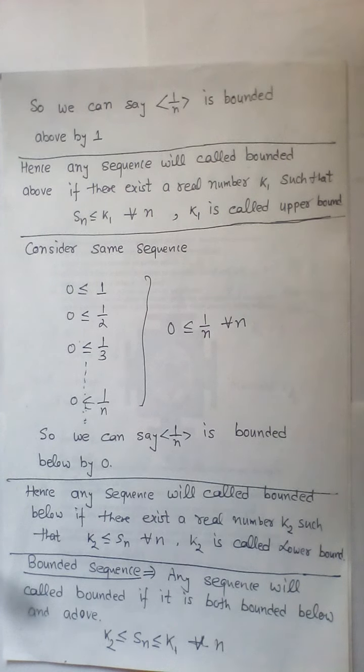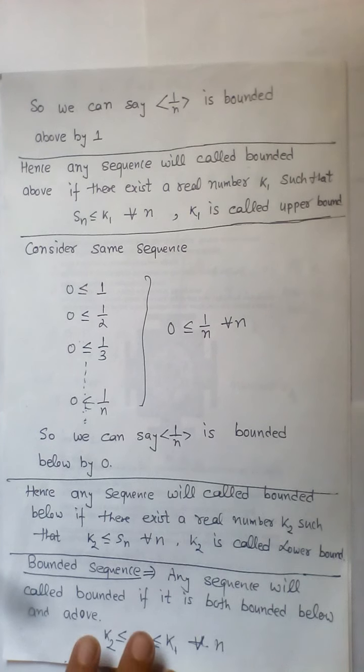The second thing to note is that it is not necessary that an upper bound will always exist. This means for some sequences an upper bound can exist, and for some sequences it may not. Let us move further.